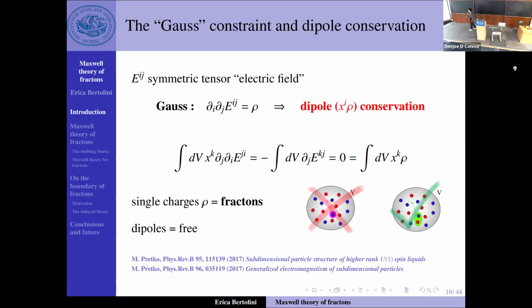And thus, single charges, this rho, can be identified as fractons in the sense that they cannot move in space unless they break the dipole conservation. On the contrary, dipoles can move freely because they conserve this conservation.